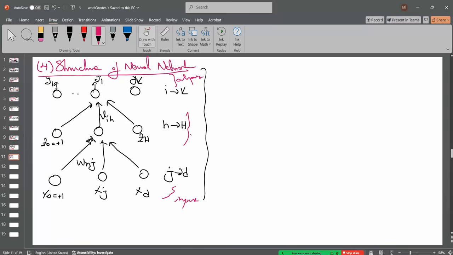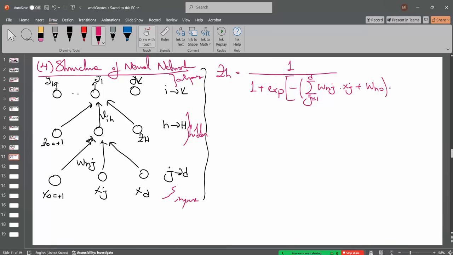And also this is the hidden layer. So z_h is equal to 1 divided by 1 plus exponential of minus the summation over j equal to 1 up to d of w_hj times x_j plus w_h0. Okay, this is the sigmoid function. Just remember that.